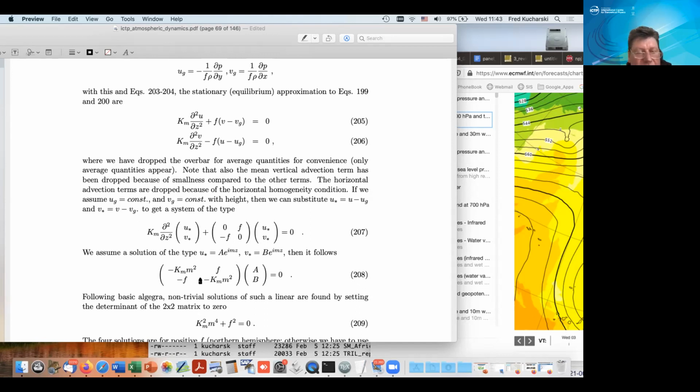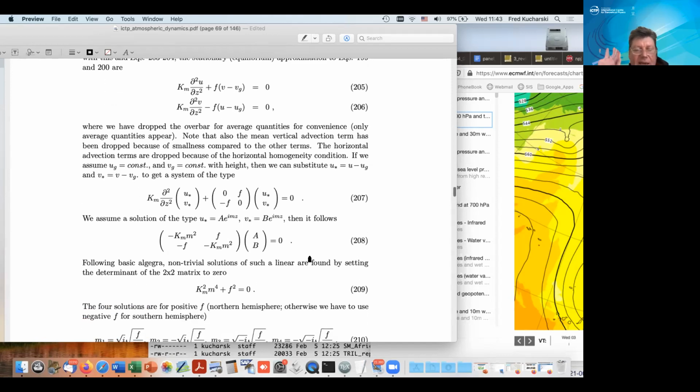So our solution matrix for the dispersion relationship looks like this. A matrix applied to our amplitude vector A and B is 0. And remember again, we are looking for non-trivial solutions, right? One solution is always A and B is 0, but this is a trivial solution. We want to have non-trivial solutions.